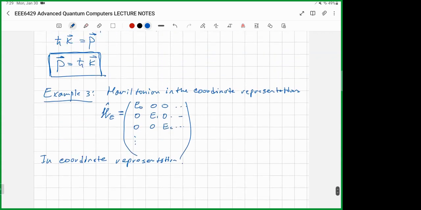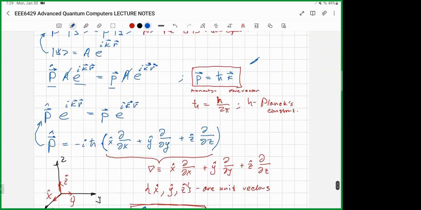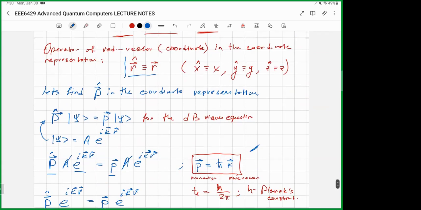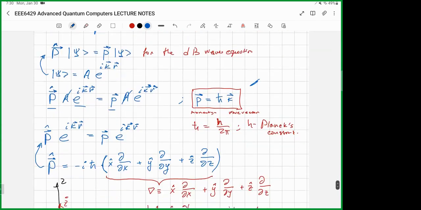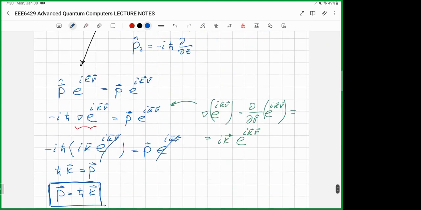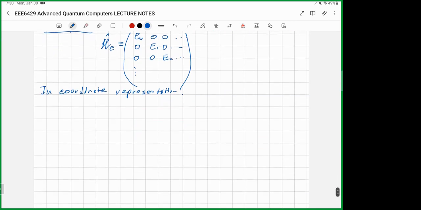In the coordinate representation, we have to assign the radius vector operator to all of our particles in the system, and the momentum operator to all the particles in our system. And in this coordinate representation, the Hamiltonian will be the sum.